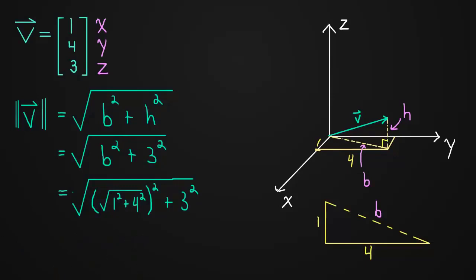Well, something really nice just happened. Look, we have a square root being squared. And so that square root just simply goes away. So this whole thing simplifies to the square root of 1 squared plus 4 squared, because that square root went away, plus 3 squared.